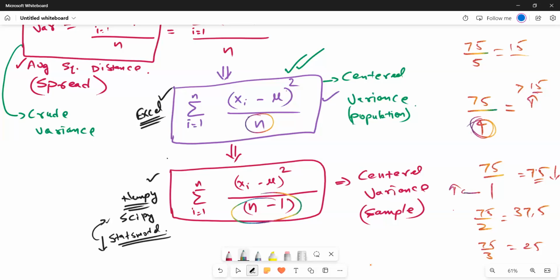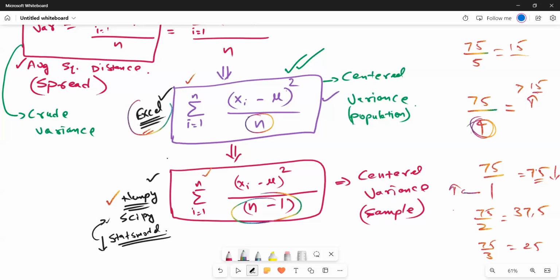But in statistical tools like NumPy and SciPy, which you'll use in Python, these do not have different formulas. Here you get the option to select the function, whether you want to calculate it for population or for samples. If you calculate for population, this formula will be used. If you calculate for samples, this particular formula will be used.